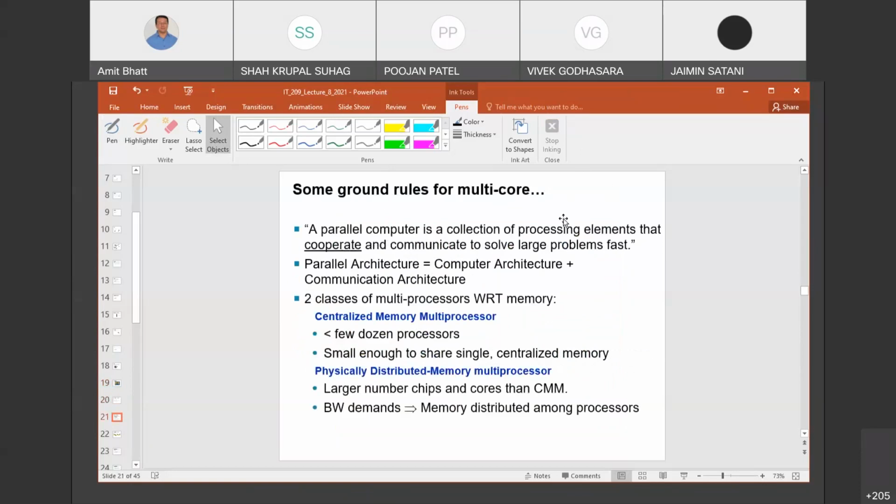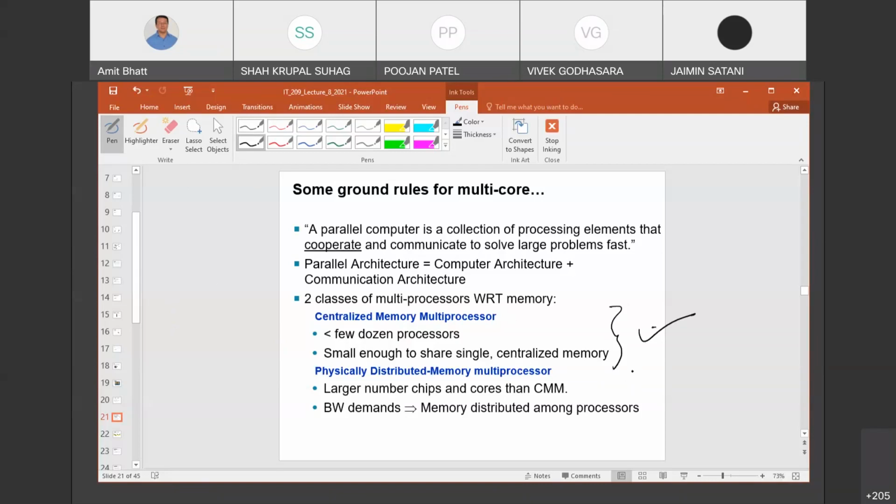Okay. Now we are coming to the nitty-gritty part, that we have got 2 classes of multiprocessors. One is a centralized memory multiprocessor, and we are going to talk about only this, because this is what is still in the process.